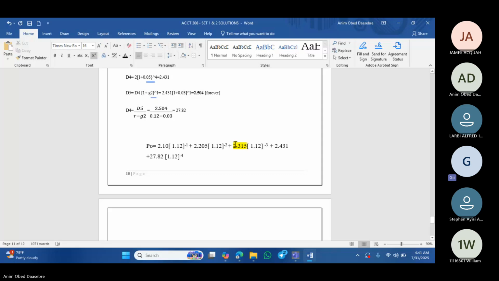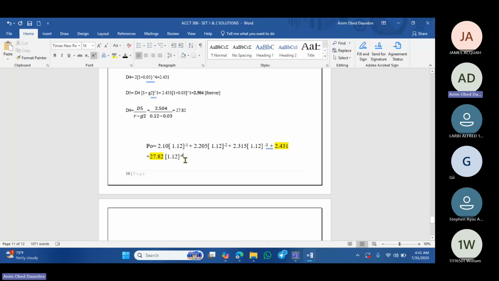When you get there, find the total before you discount the two. If not, you are going to get it wrong. You add the D4 and the perpetuity, add them together to get the total, then you discount it by multiplying by the discounting factor.